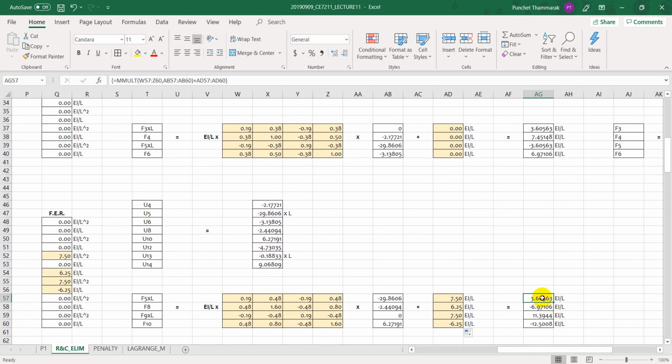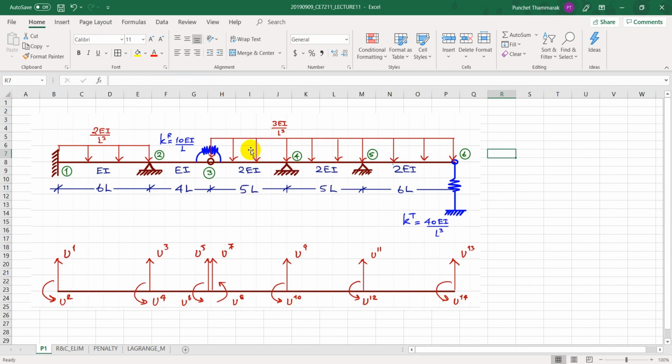Is it? The sign. We have this apply. Wait.